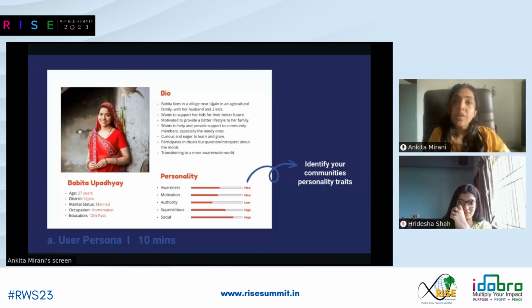Thirdly, how much authority do they have in their society to actually create that change? Fourth, superstitious beliefs, because we found that when it comes to lower income strata, vulnerable and marginalized communities, there are a lot of practices which may not be advocated by experts, but still happen. So it is important to keep that lens because you would be addressing that behavior as you go along in your intervention.